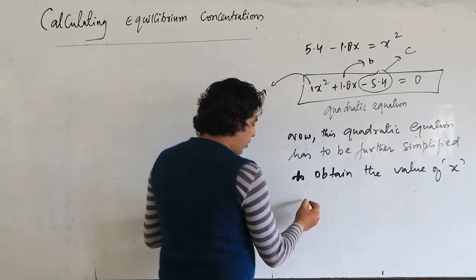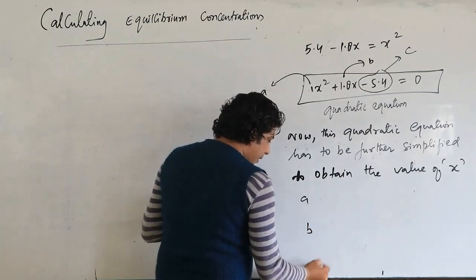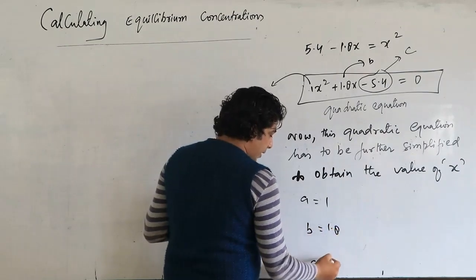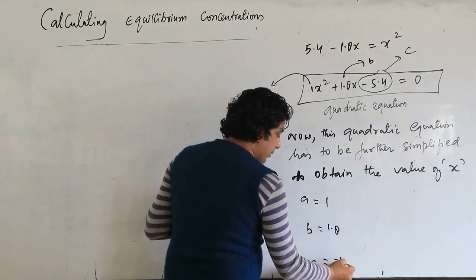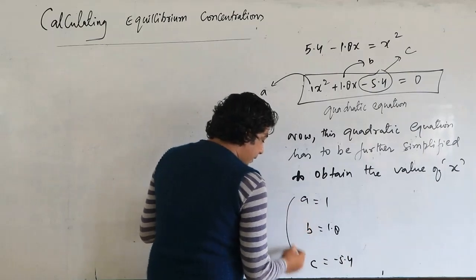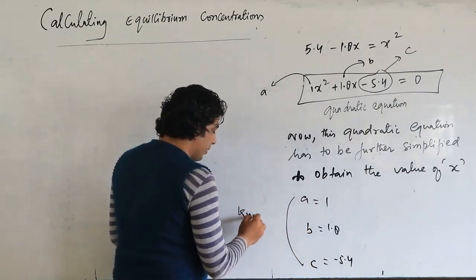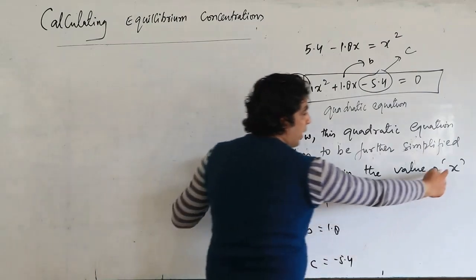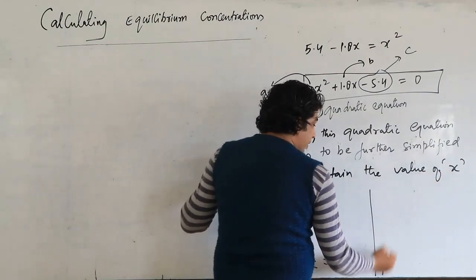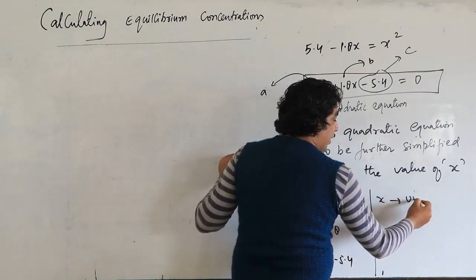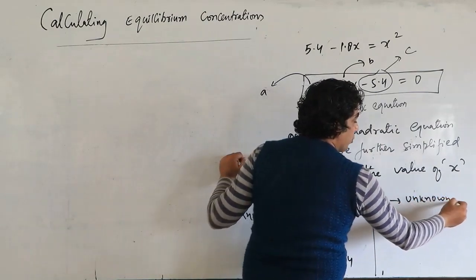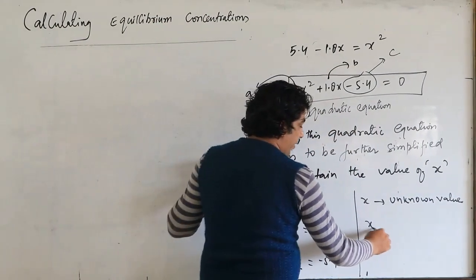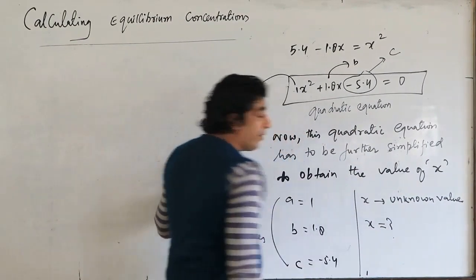So what are the values of A, B and C? A is basically 1, B is 1.8 and C is minus 5.4. These values are known values, meaning we know these values. What is the unknown value? The unknown value is x. So my dear friends, x is the unknown value and we have to find it out.